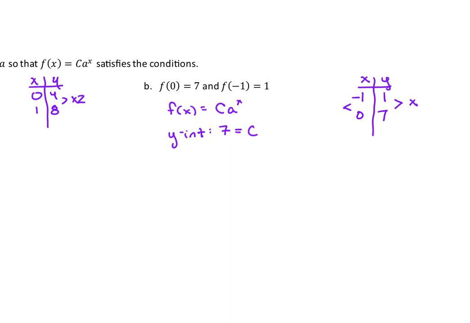We are multiplying by 7. So our a value is going to be 7. And so when we write our function, we get c is 7, a is 7, and we have raised to the x.